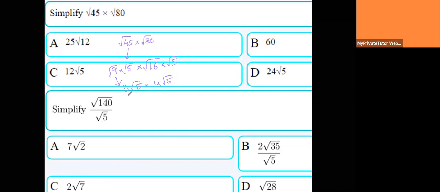Then multiply the whole numbers. 12 square root 5 times square root 5 is 5. So what is 12 times 5? Do you understand? Anyone has any questions in this? Please let me know. Okay, I'm happy to help you.